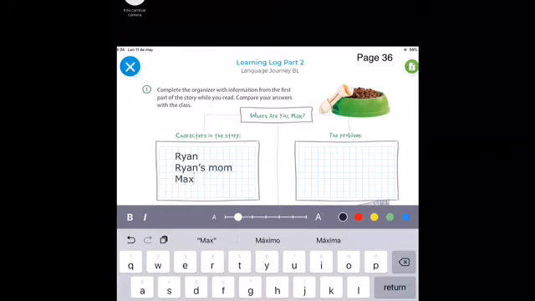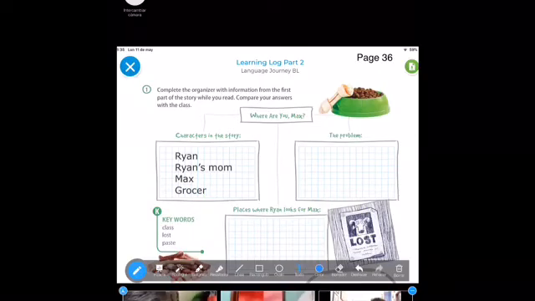Yeah, exactly. And finally, there is one more, the grocer. Okay? So copy this, guys, in your book. Characters in the story: Brian, Brian's mom, Max the dog, and the grocer.